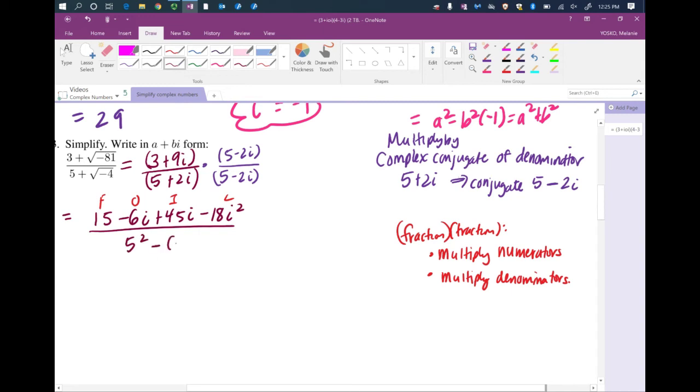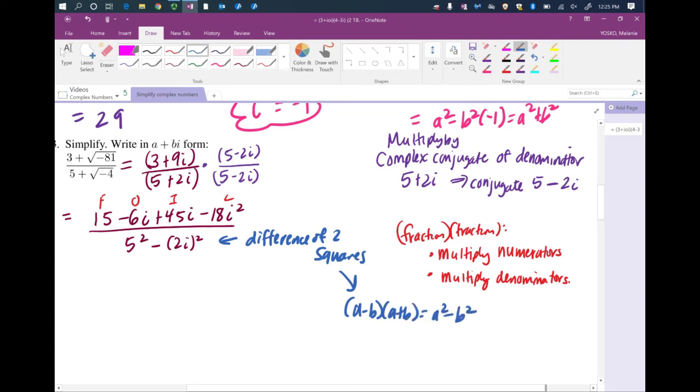So 5 squared minus 2i squared, because this is that difference of two squares. Remember, if we have a minus b times a plus b, that's a squared minus b squared. That's all we're doing.